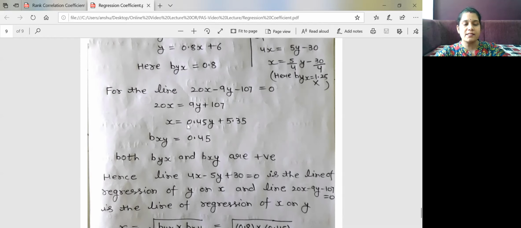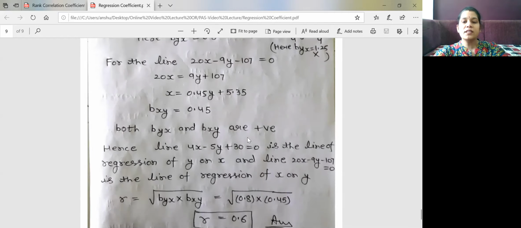So here x is equal to 0.45y plus 5.35. So here bxy is the regression coefficient of x on y, because the formula starts from the variable x, so we use the regression coefficient of x on y. So the coefficient of y, bxy, is equal to 0.45.